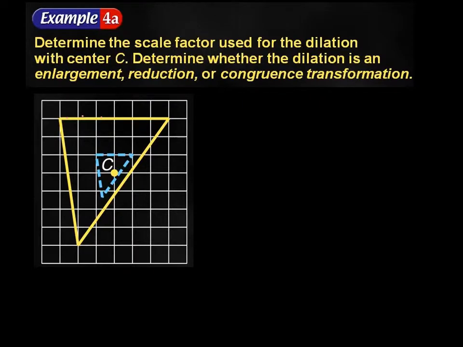They ask us to determine the scale factor used for the dilation with center C and then determine if it is an enlargement, reduction, or congruence transformation. Well, I'm using my awesome counting skills here. I count 1, 2, 3, 4, 5, 6 in the original and 1, 2 squares in the new.